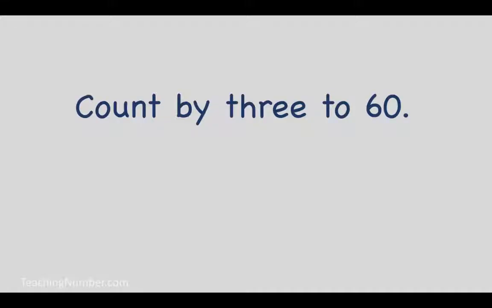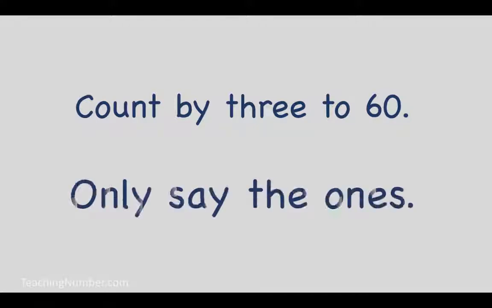Now let's try an exercise that really is somewhat challenging. Let's count by 3 to 60, only saying the ones. It helps if you use the decomposition strategy we have learned and separate the ones from the tens in your mind, focusing on the ones.